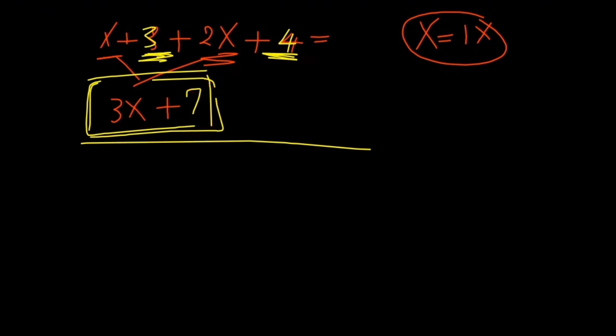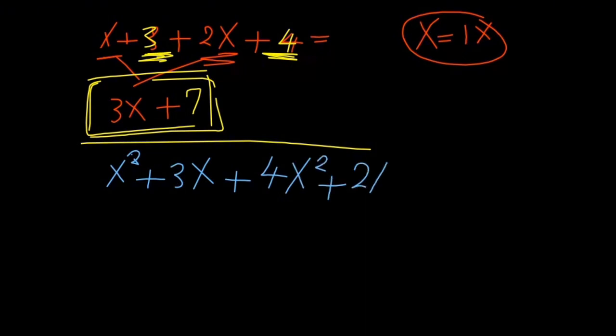Let's try to solve another example. How about if we have x squared plus 3x plus 4x squared plus 2x plus 7.